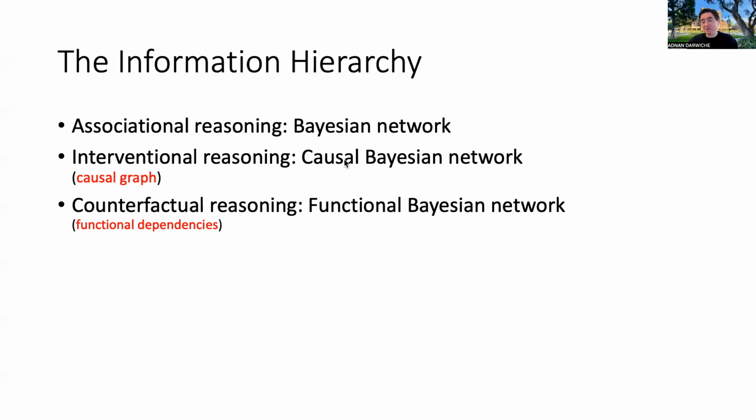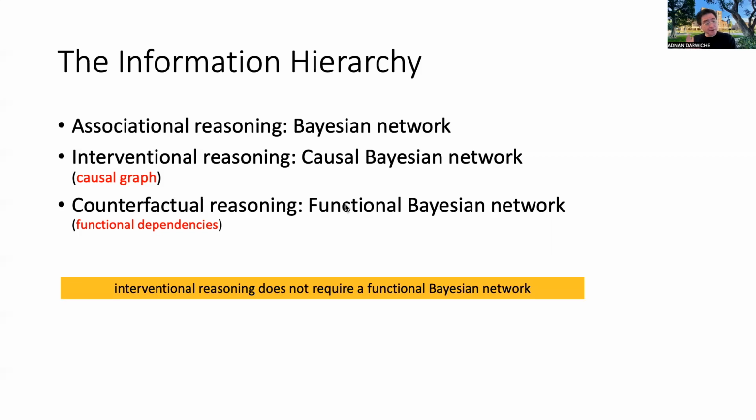Here, no, it's not enough for the structure to display the right independence information. It has to be causal. And in a functional Bayesian network, I want the internal nodes to be functions of their parents. And once more, let me stress, you do not need this for interventional reasoning. This kind of additional detailed information is not needed for these.